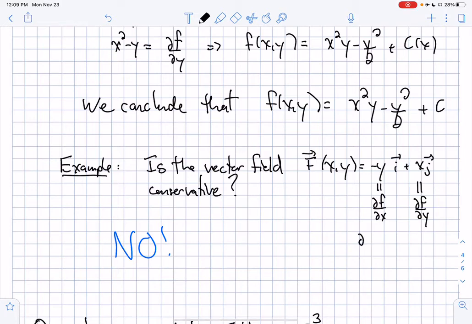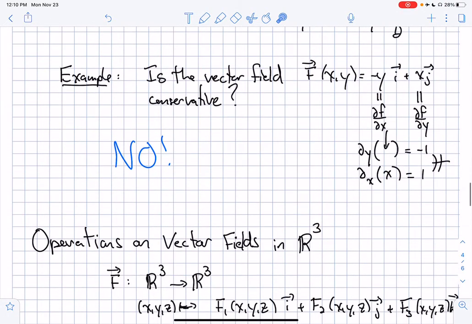So when I take the derivative with respect to y of that, I get minus 1. And if the mixed derivatives are equal, it should be equal to the x derivative of the other side, which is 1. And those two things are not equal. The mixed derivatives are not equal. It is not conservative. All right.